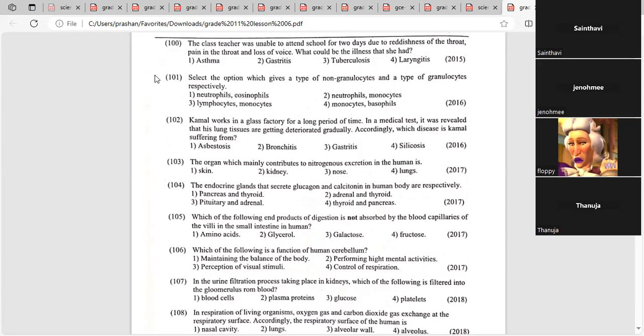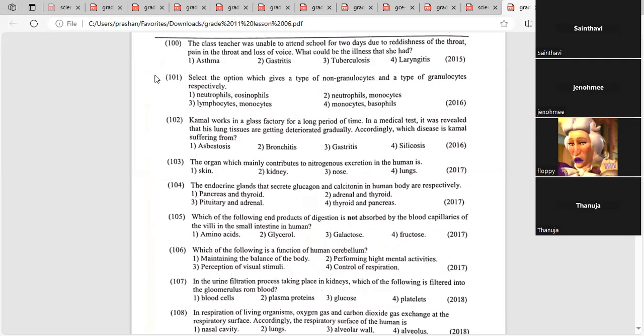In the second paper, part A and part B: in part A, for one question you can allocate 20 minutes. In part B, for one question you can allocate 30 minutes. Then you can manage your time.